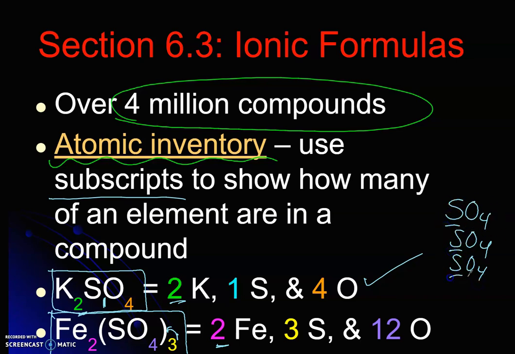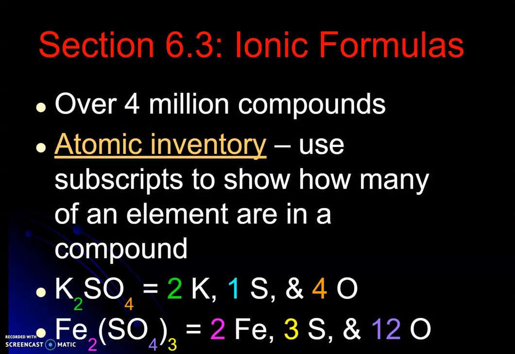So if you count up your sulfurs, you have 3 sulfurs. This 3 gets distributed and multiplied by that 1. And then you have 4 times 3 oxygens, or 12 oxygens. That's where you would get 4 plus 4 plus 4, giving you 12 oxygens right here. So that's something that we're going to need to keep an eye on and track of.